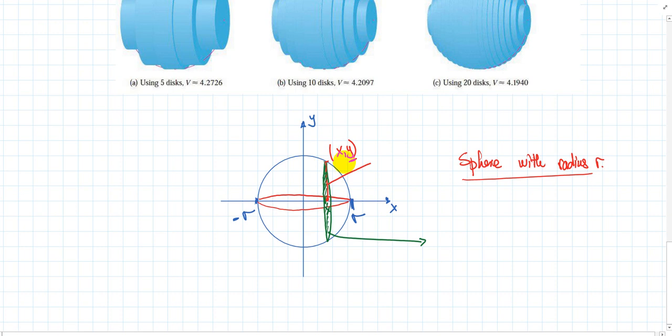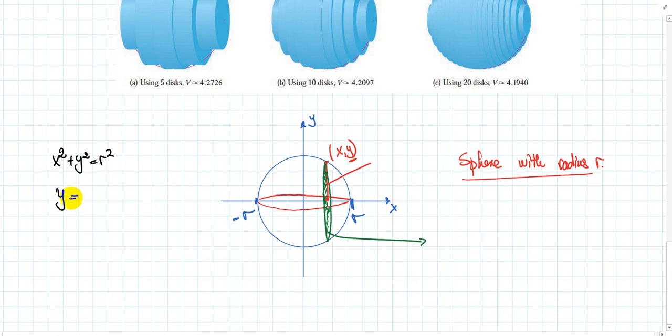So if x is given, you decided to cut exactly at some point x. Is it possible to find y? Yes, because I know the equation of the circle. Do you remember the equation of the circle? x squared plus y squared is equal to R squared. From here, I need to find y.